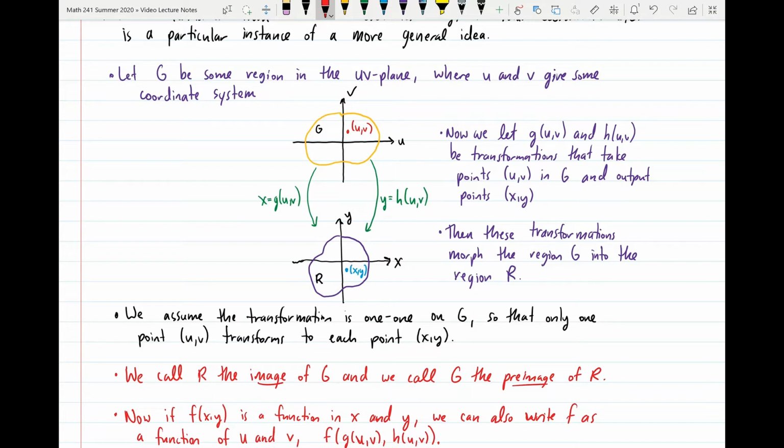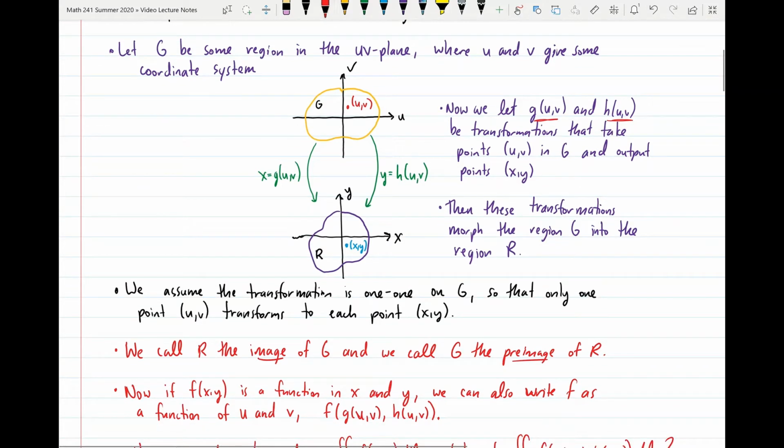We let g of u, v and h of u, v be transformations, or really just functions, that take points u, v in the region G inside the UV plane and output points x, y inside the Cartesian XY plane. You can see in the diagram that the point u, v is mapped to the point x, y inside the region R in the Cartesian plane.